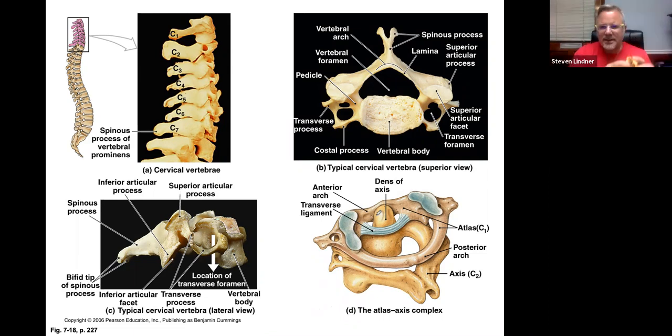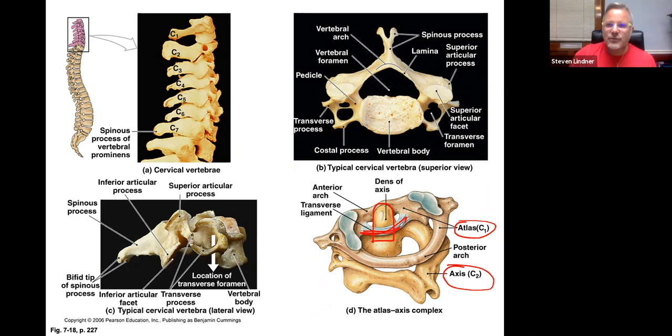Rotation takes place there. What holds it in place, if you look on the bottom right, here is the dens of the axis, right? So here's your axis, here's your atlas, and the axis off the vertebral body has the odontoid process, or the dens. And then you have this transverse ligament going across that holds it in place.